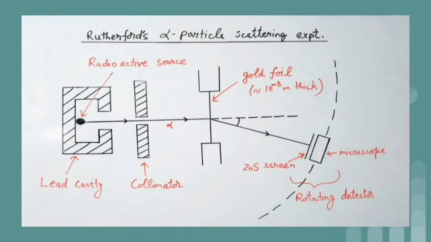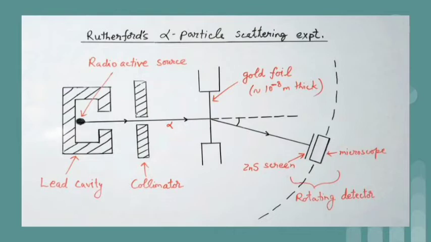The collimated, that is, parallel beam of alpha particles is allowed to fall on a thin gold foil having thickness of the order of 10 to the power minus 8 meter. It is nearly equal to 2.1 into 10 to the power minus 7 meter. The alpha particles are scattered in different directions, which are observed through a rotating detector consisting of a zinc sulfide screen and a microscope.